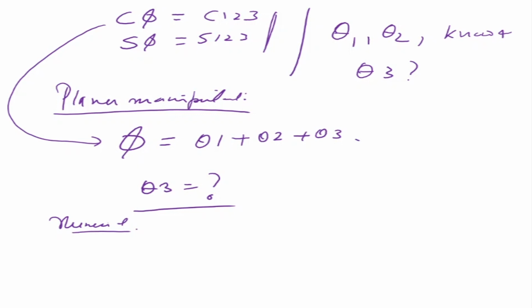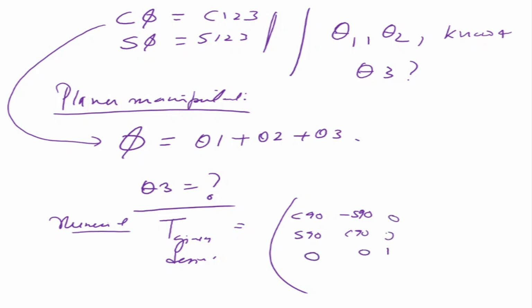As a numerical example, which I gave some time back, T desired, or T given, could be equal to cos 90, minus sin 90, sin 90, cos 90, so 0, 0, 1, 0, 0. This is 1.36, 1.36, 0, 0, 0, 0, 1.